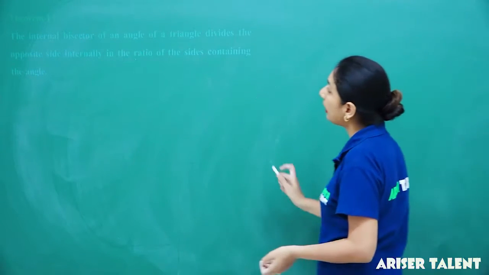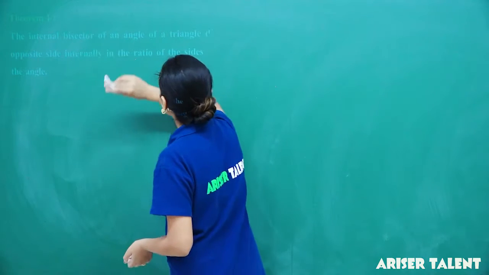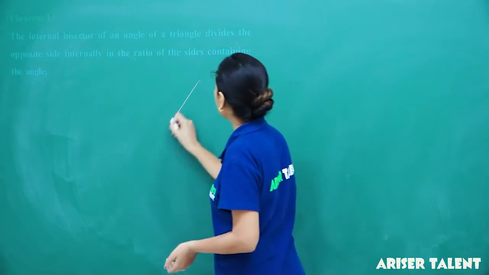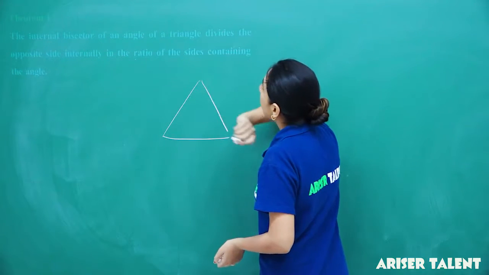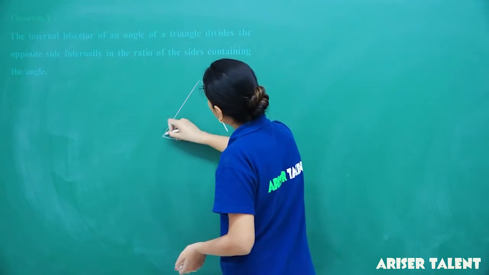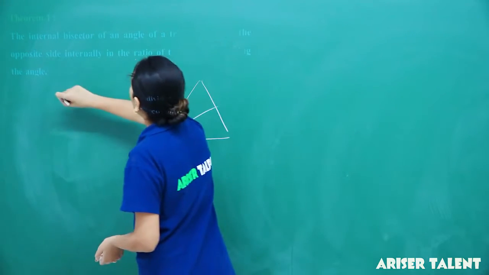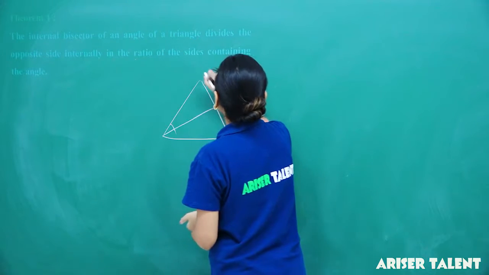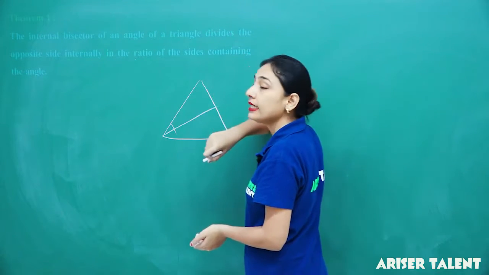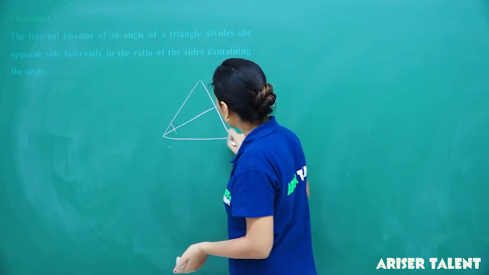So, it is saying that if we draw an internal bisector of any particular angle of a triangle, then it divides the opposite side in the ratio of the sides containing the angle, in the ratio this to this.